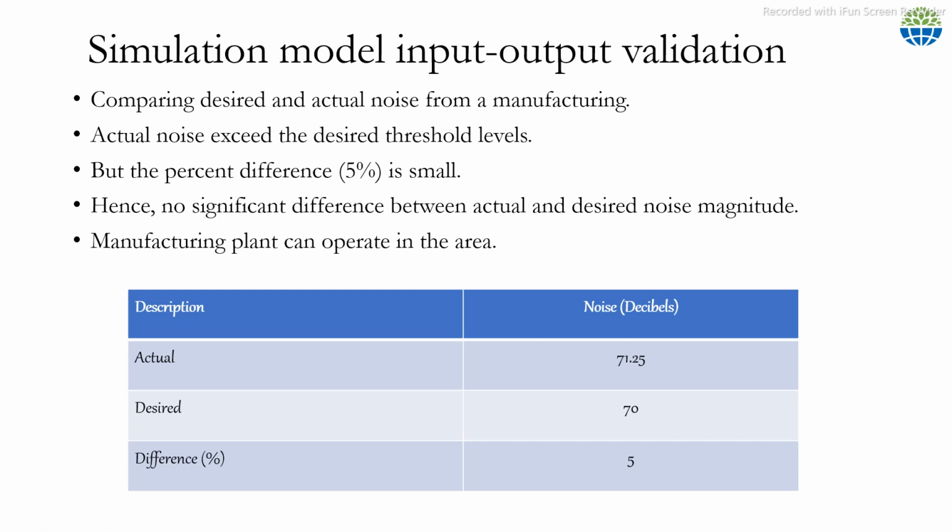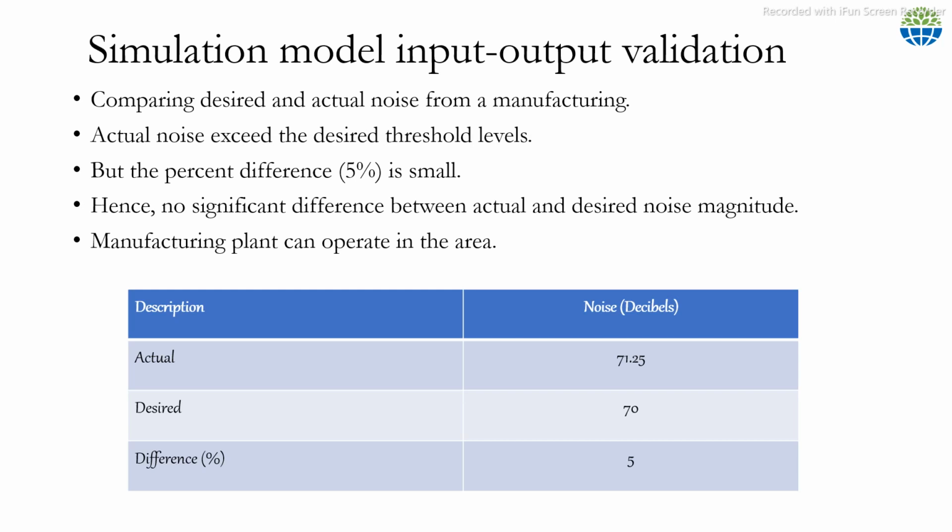In this case, the desired level was 70 decibel, and the actual noise generated is 71.25 by the machinery, which is already mentioned as generating 70 decibel noise on operating. Then there is a 5% difference.